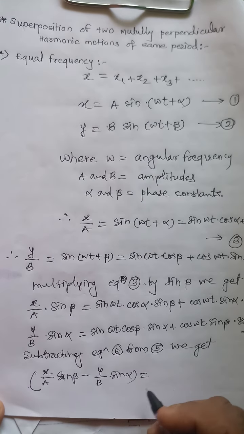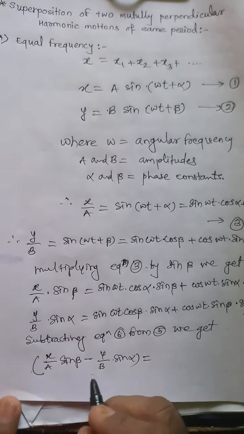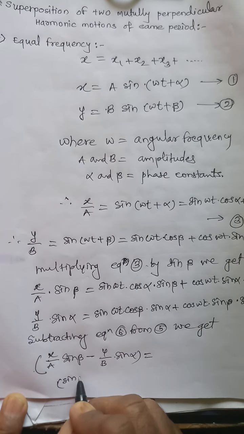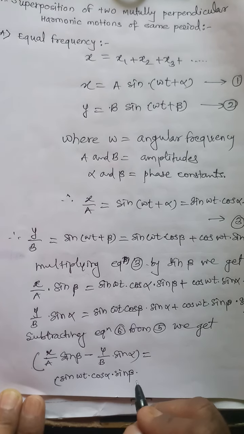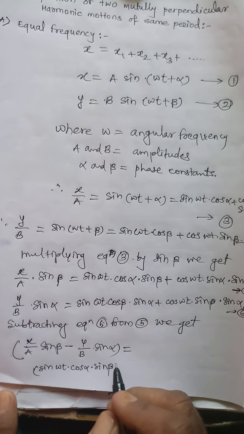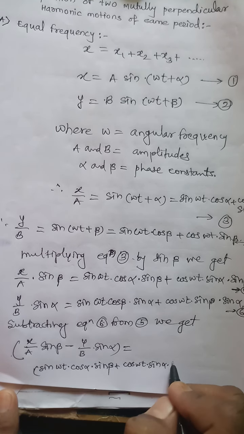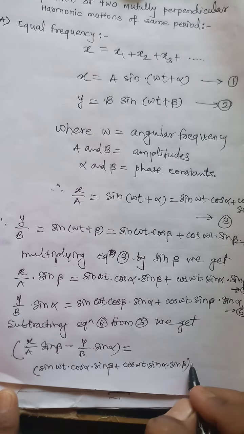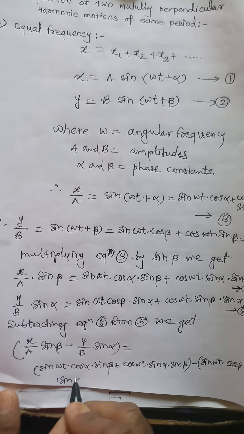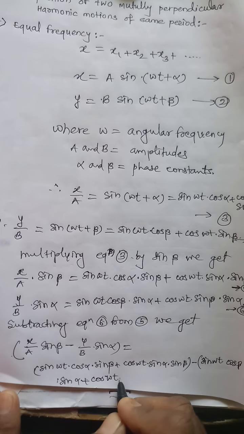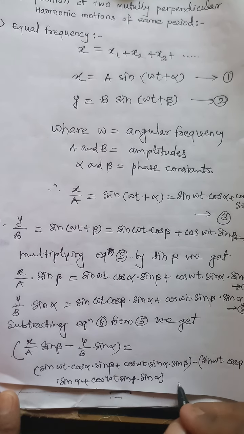Subtraction of the left hand side of equations 5 and 6 is equal to subtraction of the right hand side, that is sin of omega t into cos of alpha into sin beta plus cos of omega t into sin alpha into sin beta, minus sin of omega t into cos of beta into sin alpha plus cos of omega t into sin beta into sin alpha. We get this equation, equation number 7.